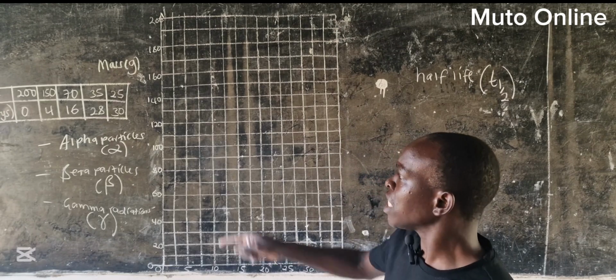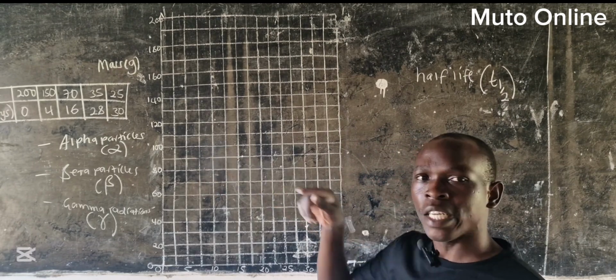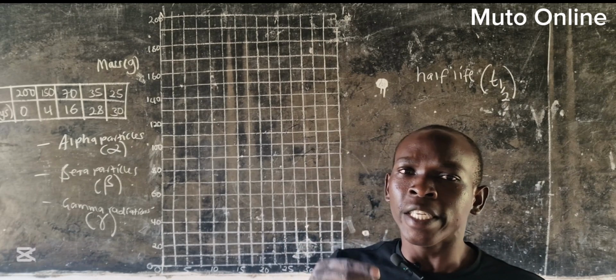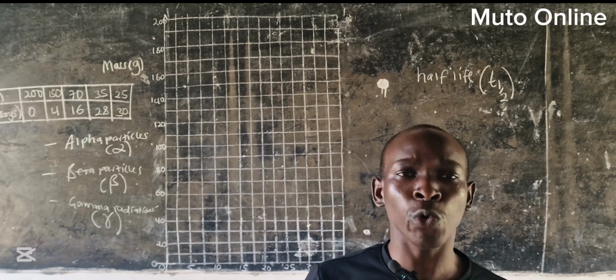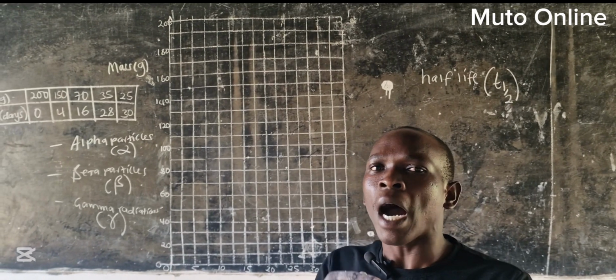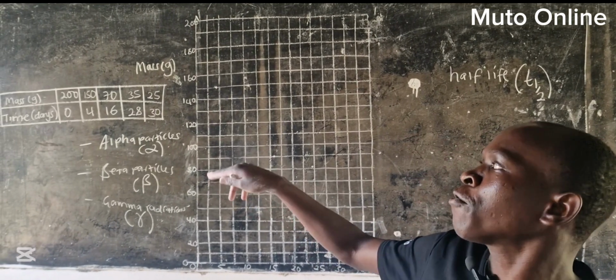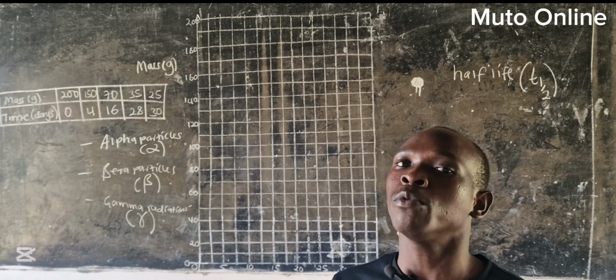Case in point, this mineral here, the original mass of it was 200 grams. The time that the mineral took to decay to half its original mass, when you halve 200 grams, you get 100 grams.